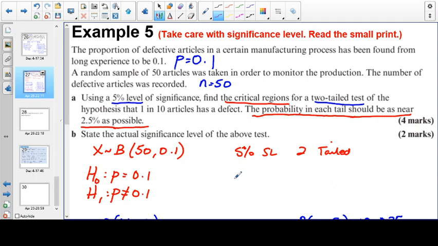It may want each tail to be as close to, in this case, 2.5%. It may want the total of the two probabilities to be as close to the 5% as possible. So you've just got to be really careful. In that case, one might go over and one might go under.